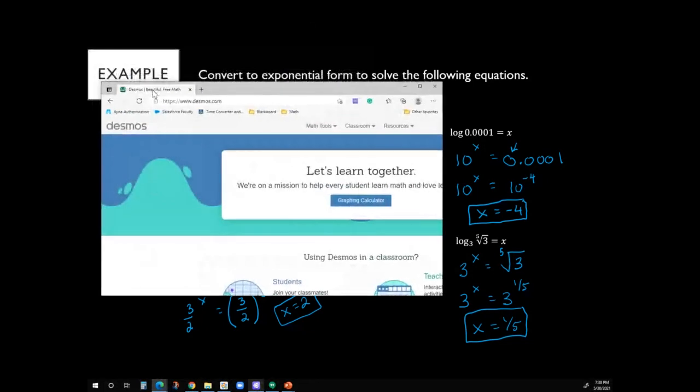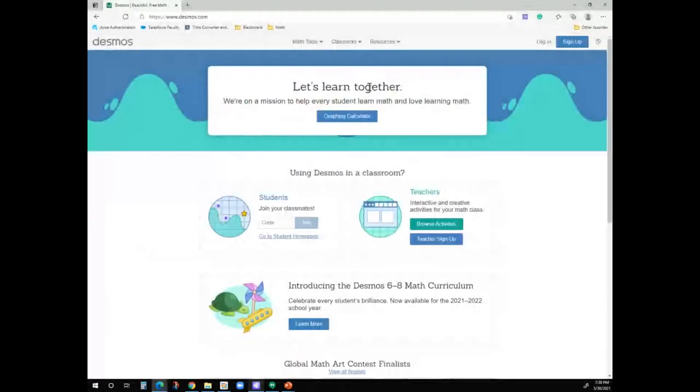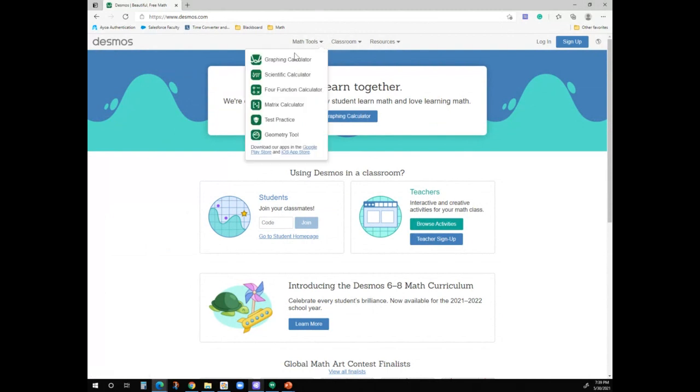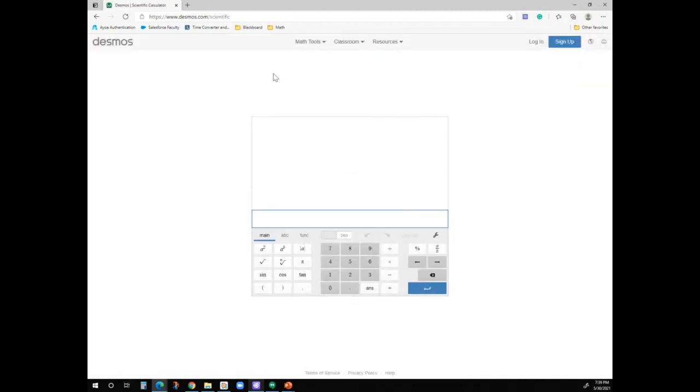Okay, so before we finish, I'm going to bring up Desmos to show you how you can use the calculator here in Desmos. So we're not going to use the graphing calculator. We're actually going to go to Math Tools, and then you can use the scientific calculator here. If you look at the scientific calculator, there's no log or anything here. But if you click Func, we've got the natural log and the log. So this is where you can find those buttons.